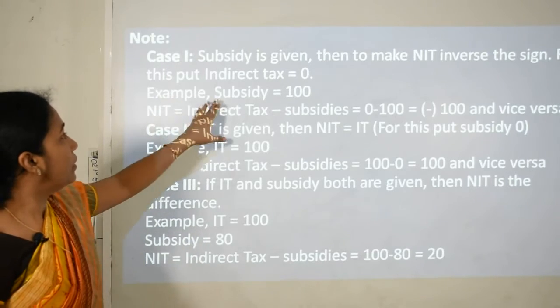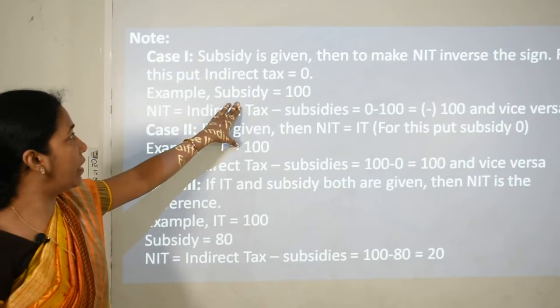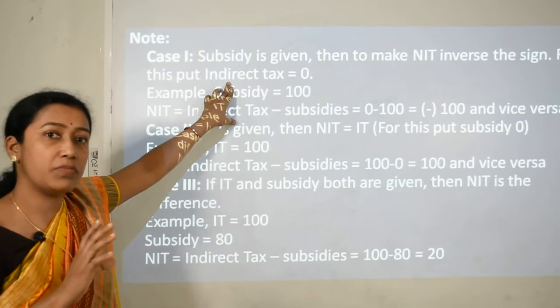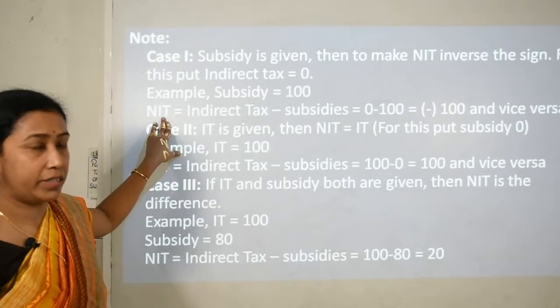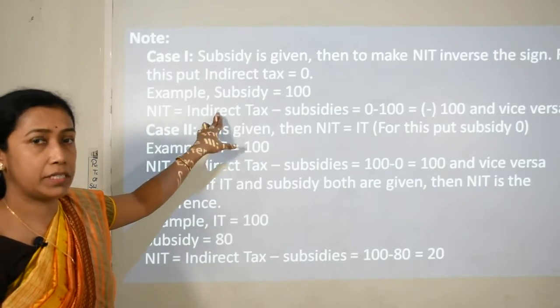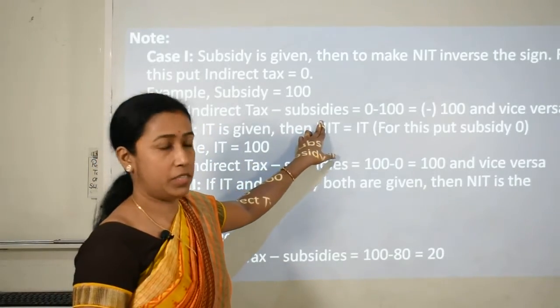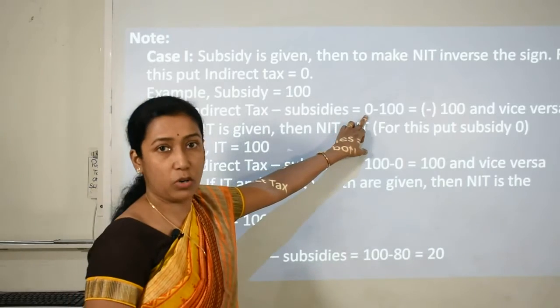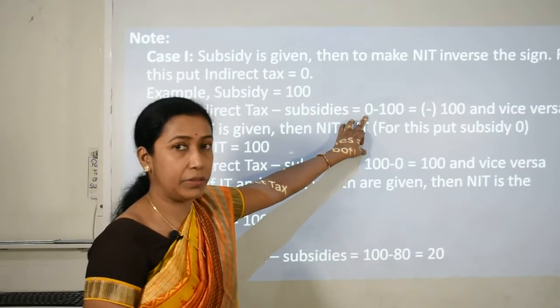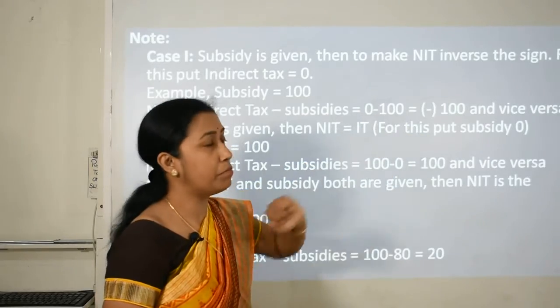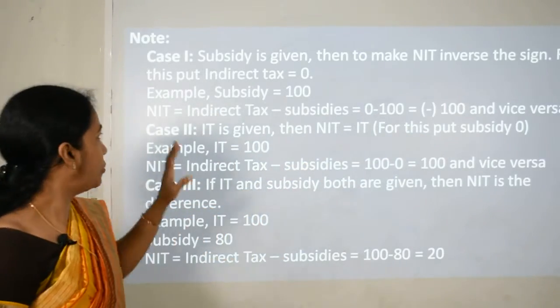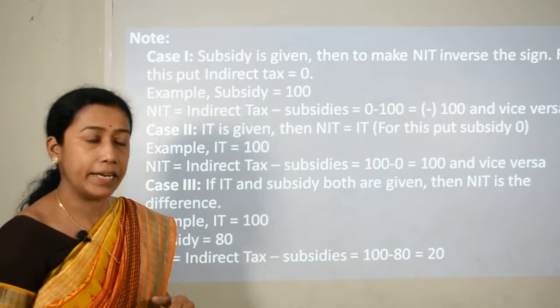For example, subsidy is given as 100. Net indirect tax is indirect tax minus subsidies, so 0 minus 100 gives minus 100. So net indirect tax in this case is negative.